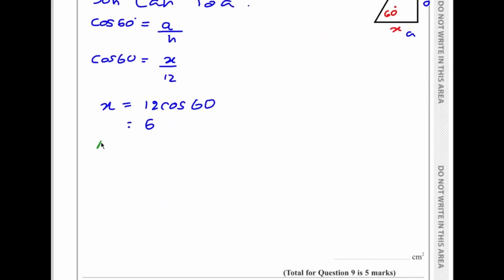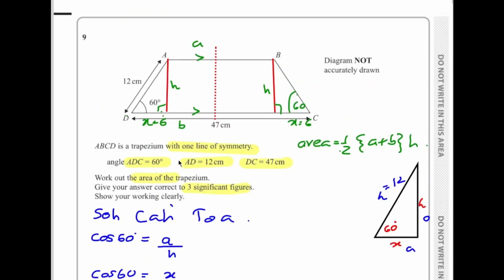AB equals 47 minus 12, which becomes 35 centimeters. Right. We got A and B both now in this formula. We got A, which is 35. We got B, which is 47.